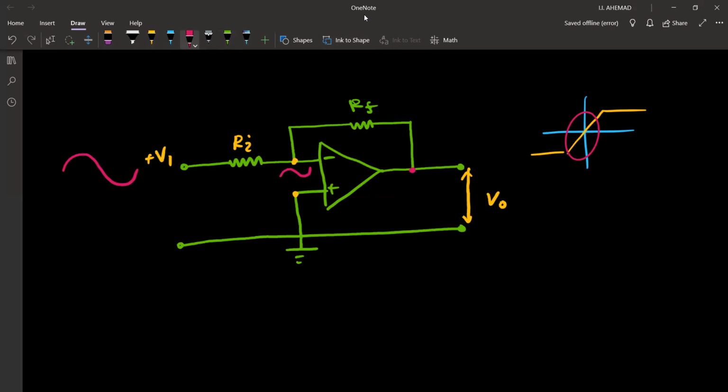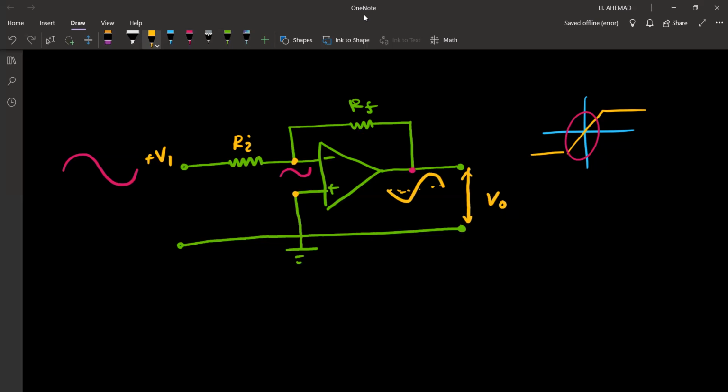And when it goes over here, this is an amplifier, okay? It will amplify the signal, but it is an inverting amplifier. Therefore, the signal gets inverted and amplified.